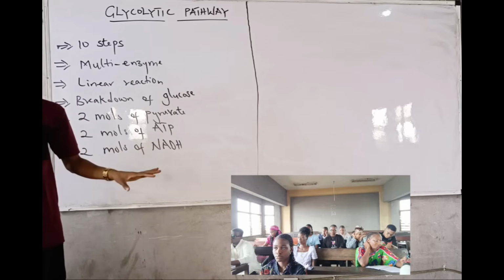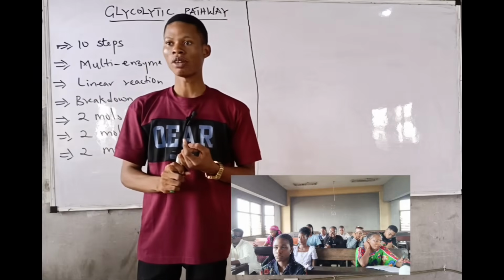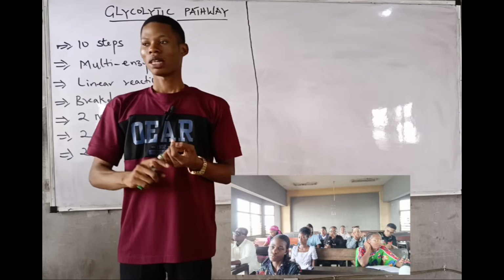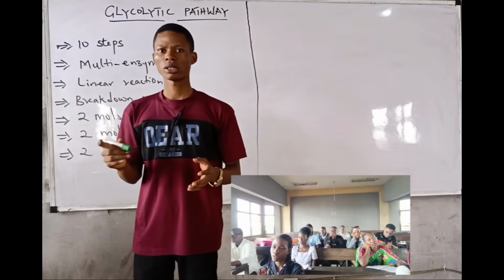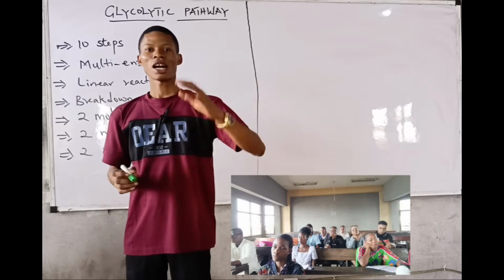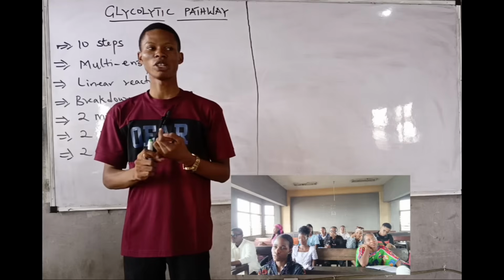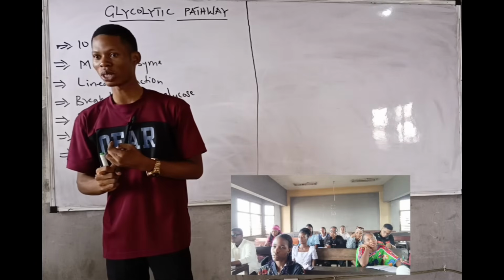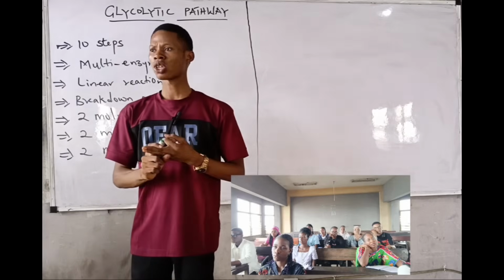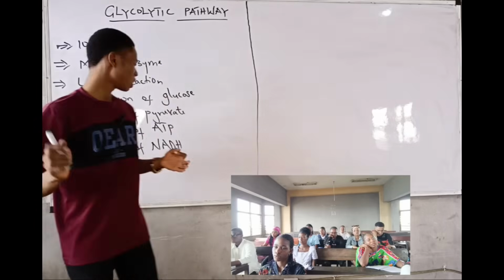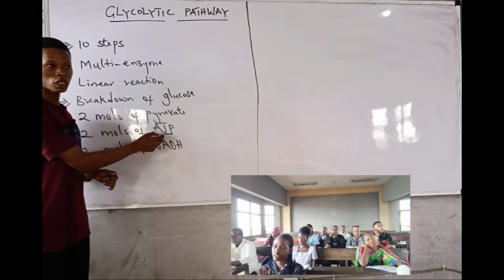We'll see how this happens. But for now, just know that in glycolysis, how many steps do we have? 10 steps. Multi-enzyme catalyzed, right? Is it linear or circular? Linear. Now, the pathway leads to the production of how many molecules of pyruvate, how many molecules of ATP, and how many molecules of NADH? Do we still remember the full meaning of ATP? Adenosine triphosphate.